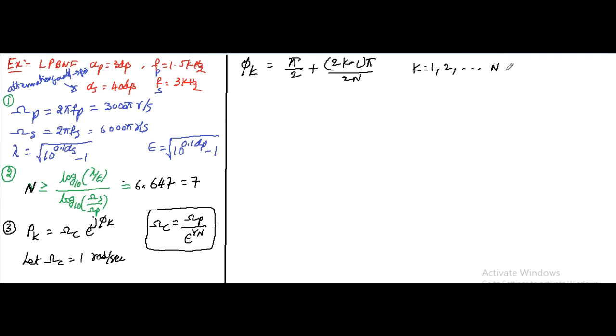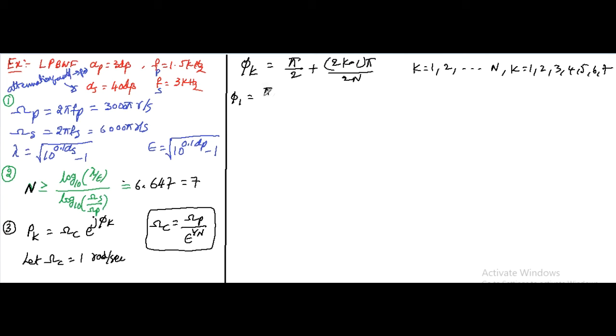Now here n is 7, so finally we have to find these 7 values: 1, 2, 3, 4, 5, 6 up to 7. So we have to substitute these values in this equation, then finally write all the angles. First of all, I am writing one angle here.